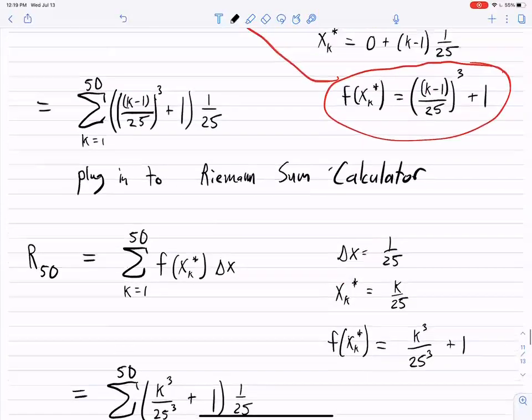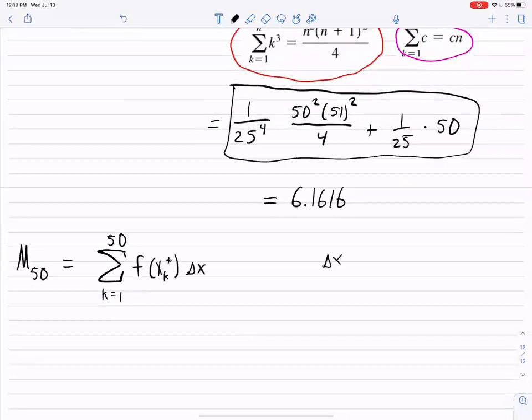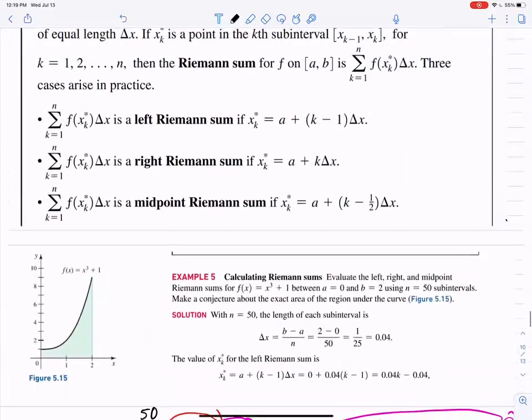And then finally, I'll also show what the formula looks like for M50, even though I won't calculate it. For M50, again, the formula is the sum from k equals 1 to 50 of f of x sub k star times delta x. Delta x is the same thing, 1 over 25. In this case, x sub k star, for the midpoint, is a plus k minus a half times delta x.